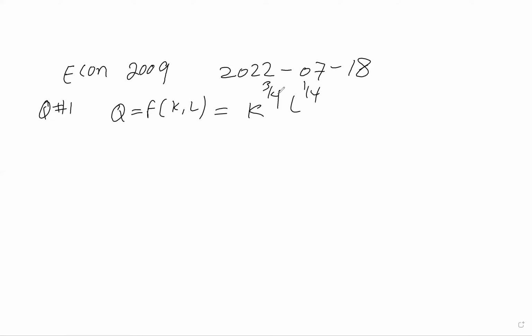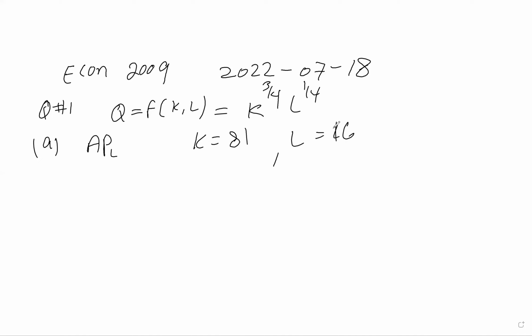Part A of the question says: calculate the average product of labor when the level of capital is fixed at 81, where K is equal to 81, and the firm uses only 16 units of labor, where L is equal to 16.